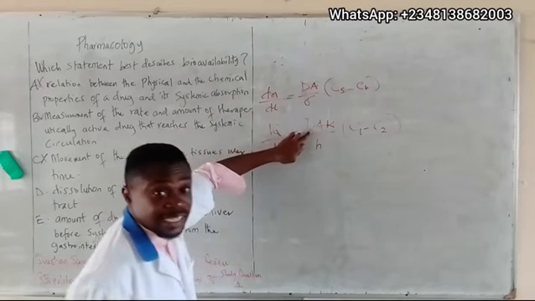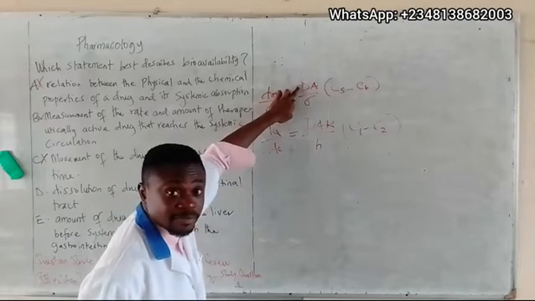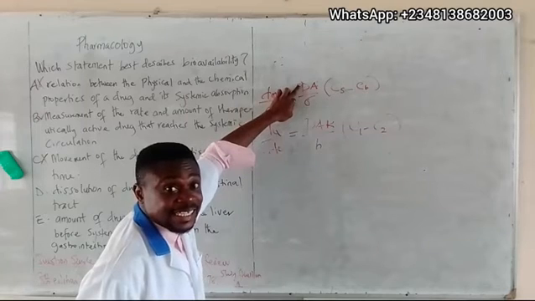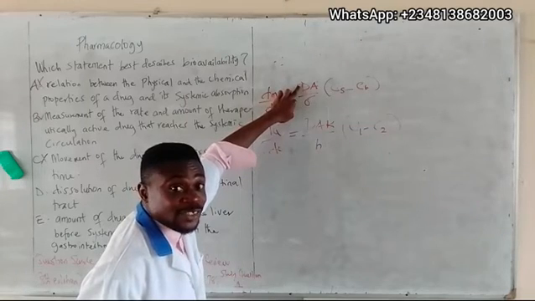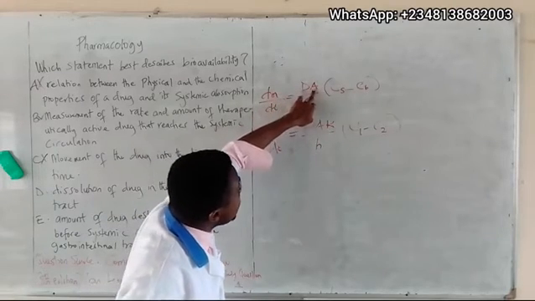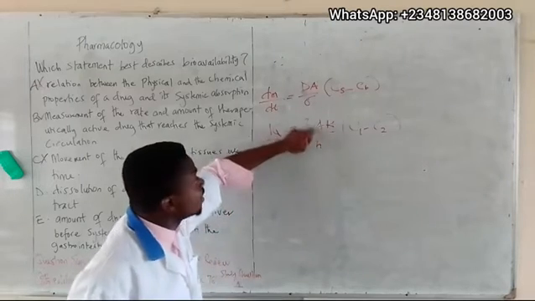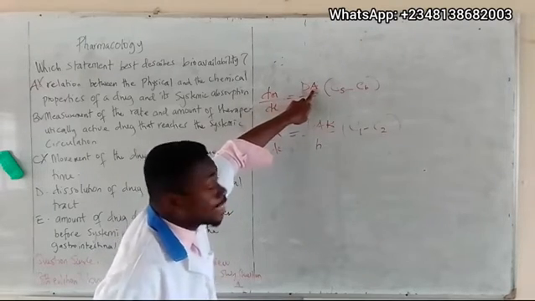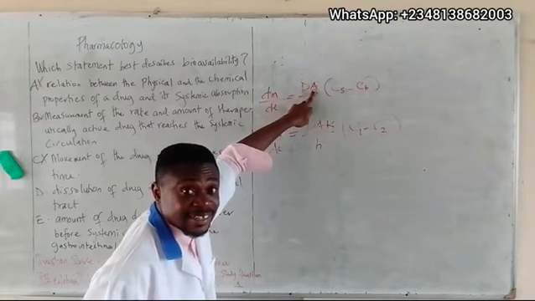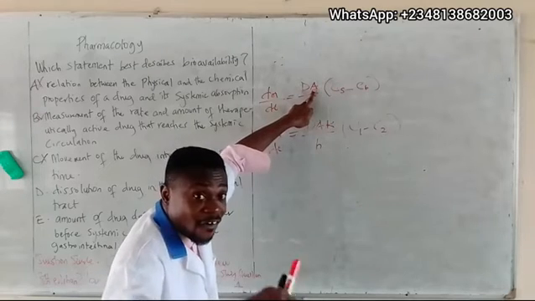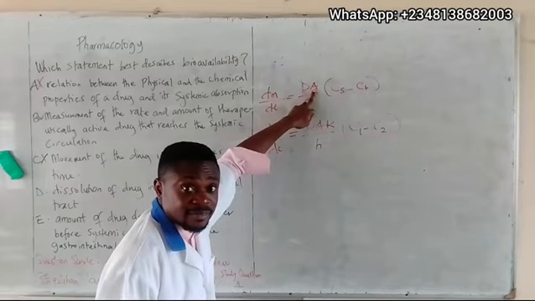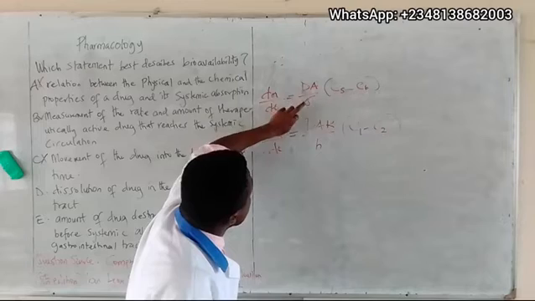This D is the same thing as the D here. This D is the diffusion coefficient of the what? Solute. That's the drug itself. But A here and A here are not the same thing. This one is the what? The surface area of the solid dosage form itself. This and this are the same thing.